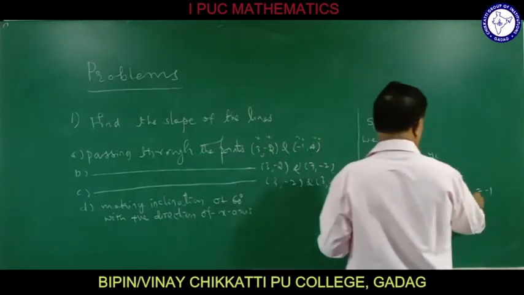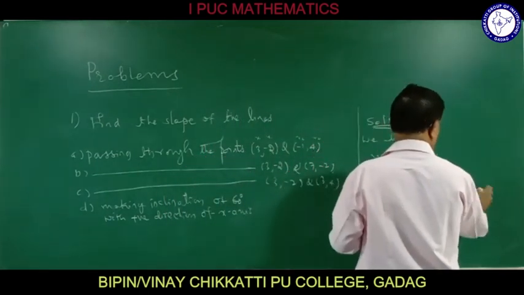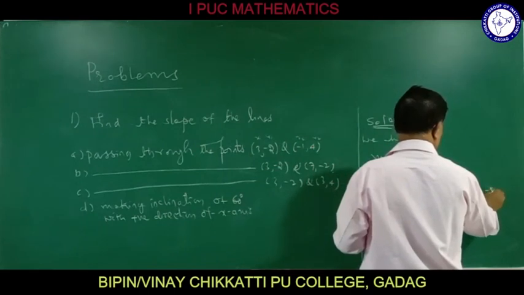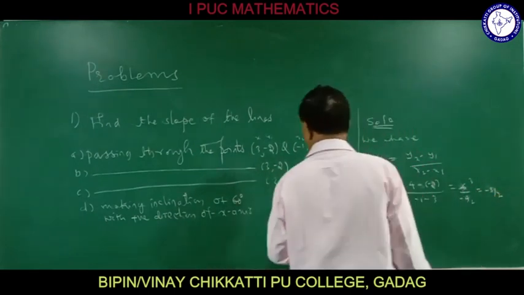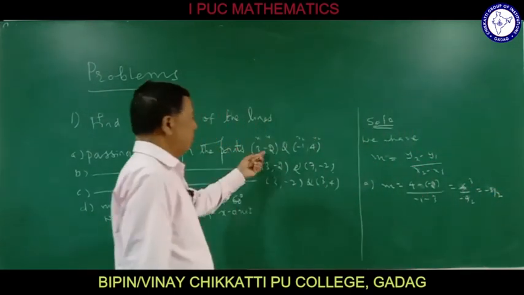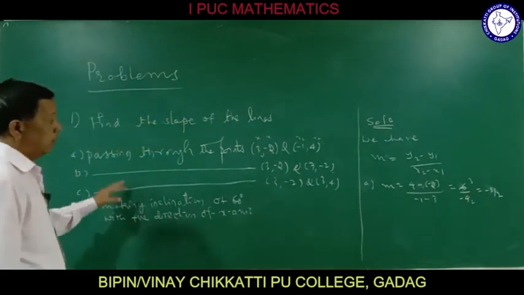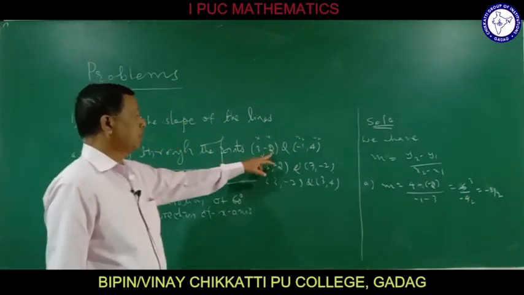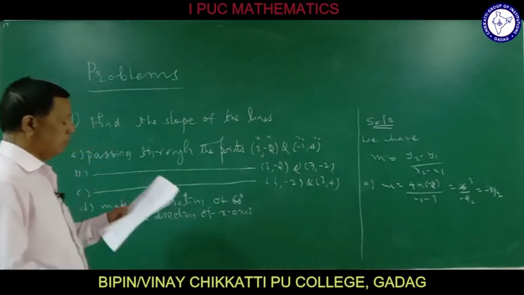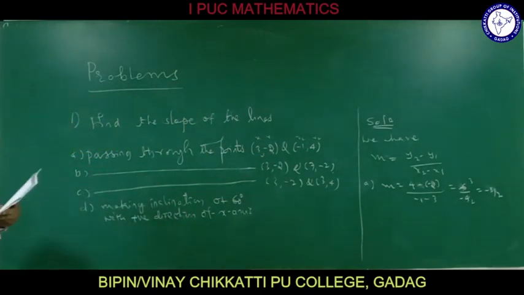And 2 2s are, 2 3s are. So the answer is minus 3 by 2, that is the slope. Of course this is solved in the textbook, but it is wrongly written there as minus 1; it is minus 2. So now write the same point, 3 minus 2, in all the 3 problems.